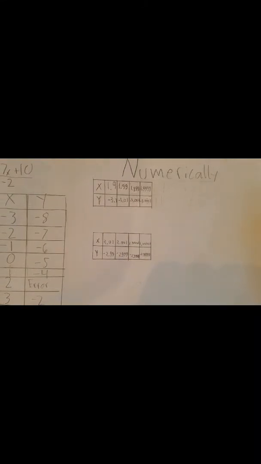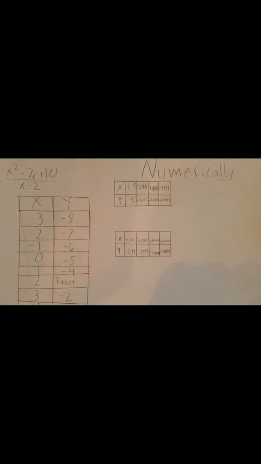So to show numerically where that limit is, in the table we put x values getting infinitely closer to 2, and we got y values infinitely closer to negative 3. We did this for both just below 2 and just above 2. In both cases, as x gets infinitely closer to 2, y gets infinitely closer to negative 3.